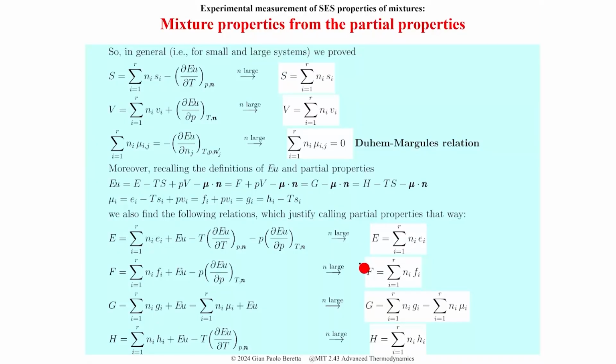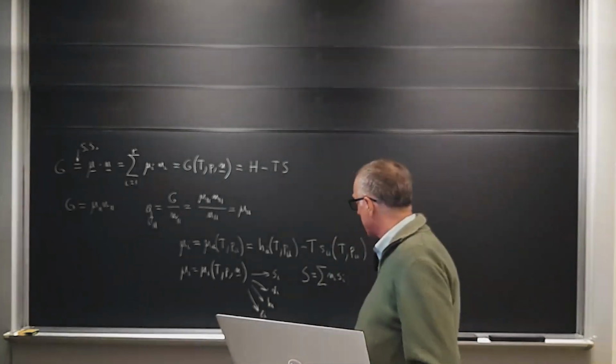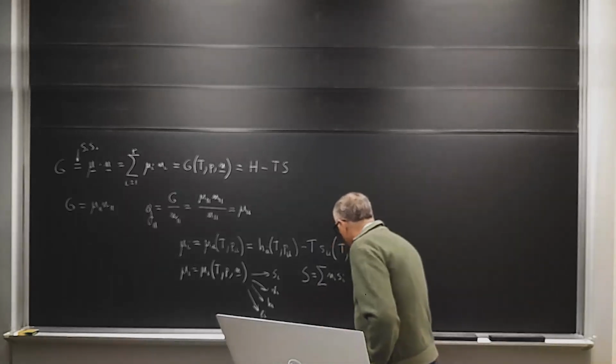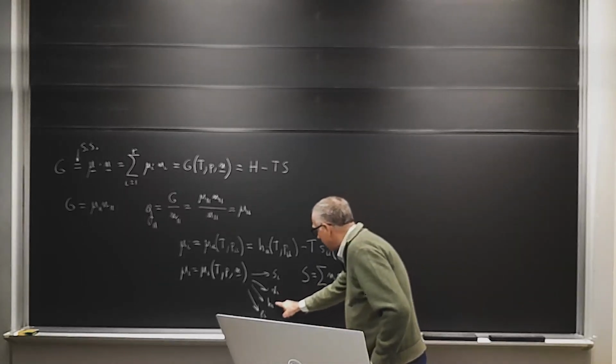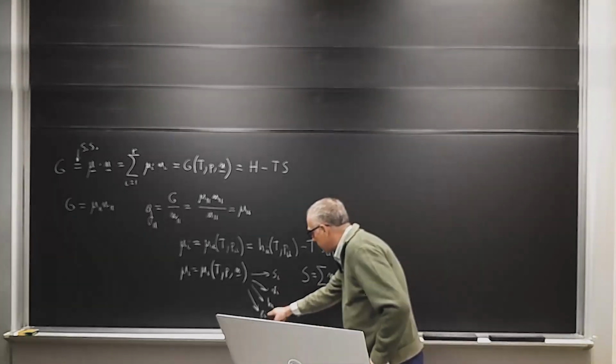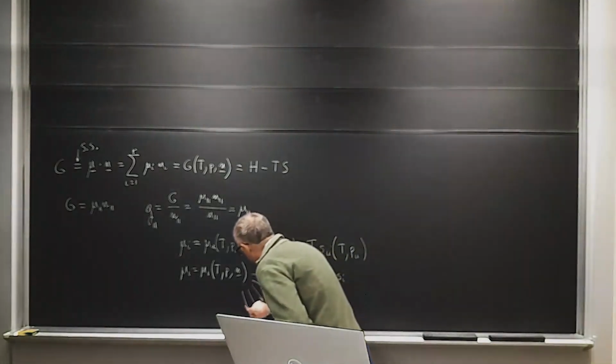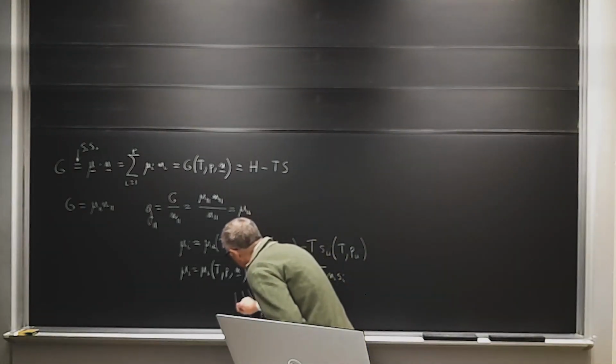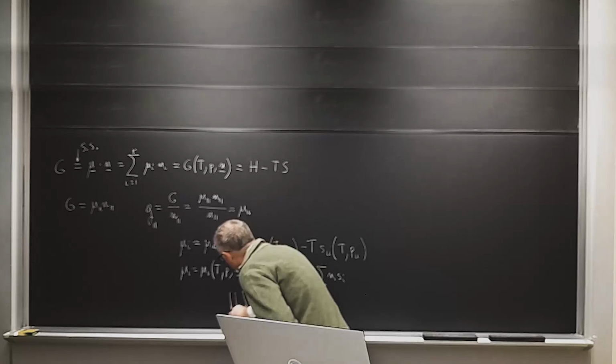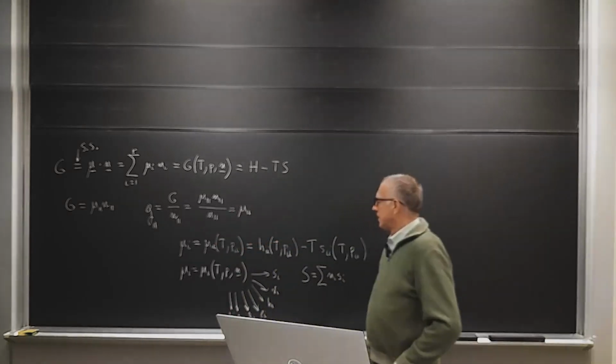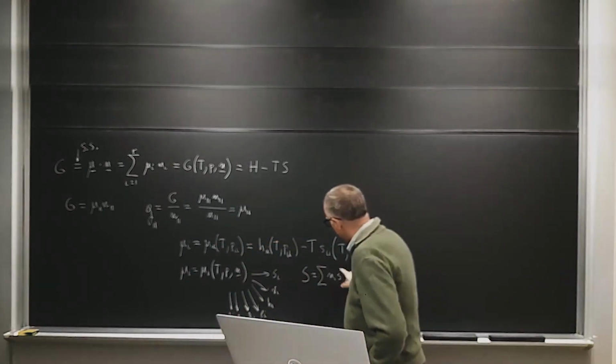Energy, Helmholtz free energy, Gibbs free energy, enthalpy. So that means for all these, and also it can go on to F, G, H, okay? I have relations like that.